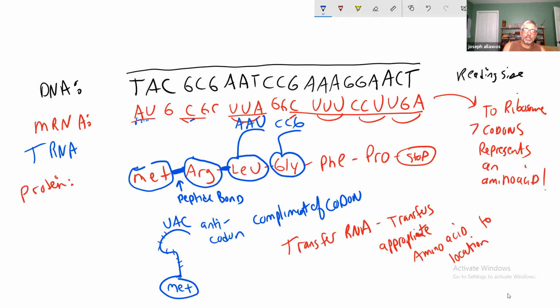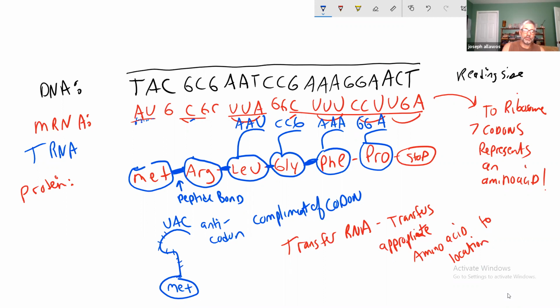It's carrying glycine, another chemical bond. We have AAA. It's carrying phenylalanine, another peptide bond. GGA, carrying proline, and then stop. Okay. This explains how in the world these amino acids get where they're going.